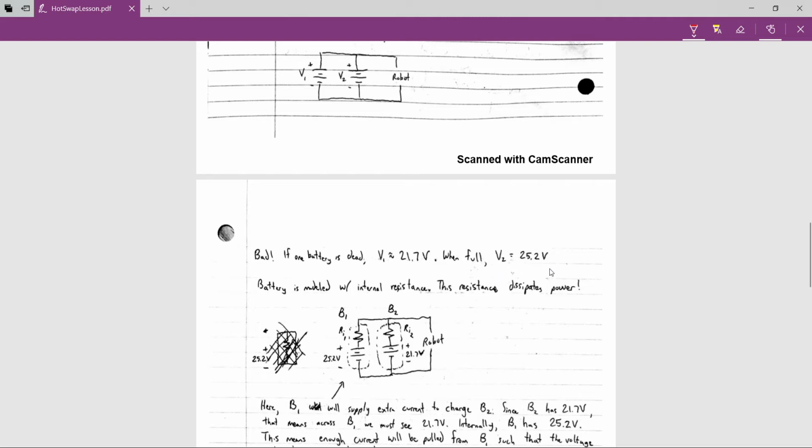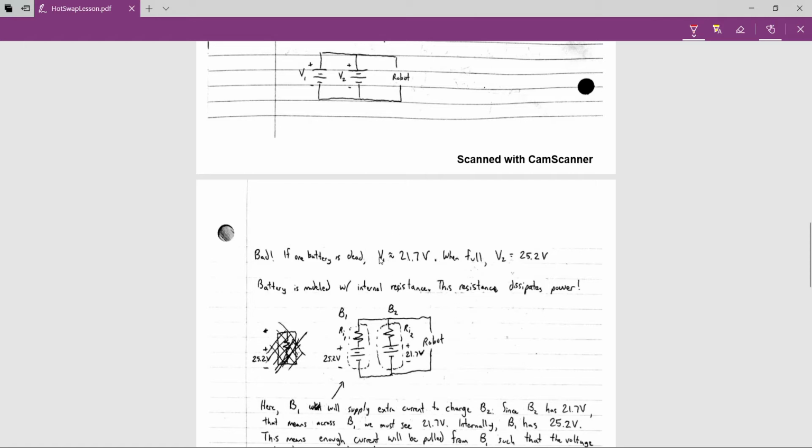If I redraw this circuit, in reality a battery does have this voltage within it, but there's also an internal resistance within a battery. That internal resistance can lead to you not actually seeing this full voltage that you have right here.